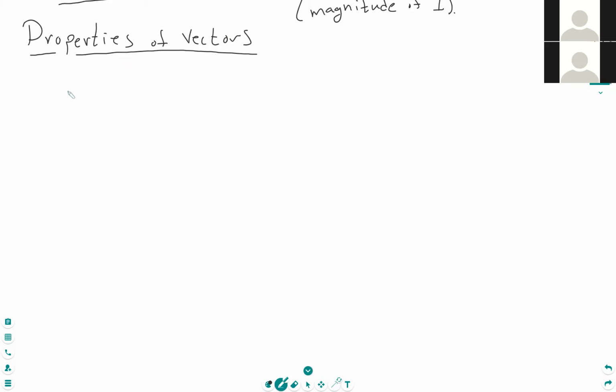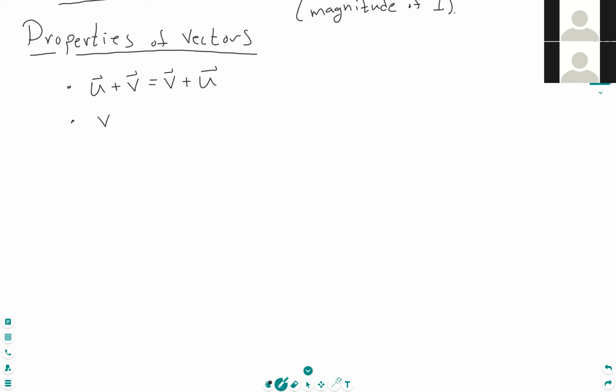All right, so there's a few of these. First one, and we've seen this one already, but let's jot it down in our list, is if I have a vector u and v and I add them together, it does not matter which order I add them in.